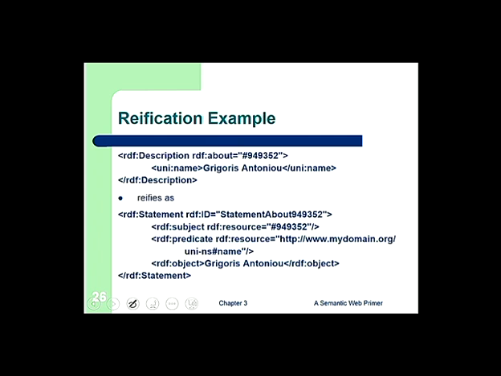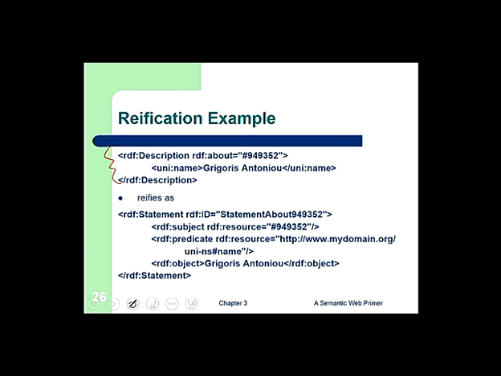In the last lecture also we saw that we identify individual components of the statement, the subject, the predicate and object, and we assign an identifier to this group. For example, here I have a statement. The statement is the resource 949352, its name is Gregorius Antonio.